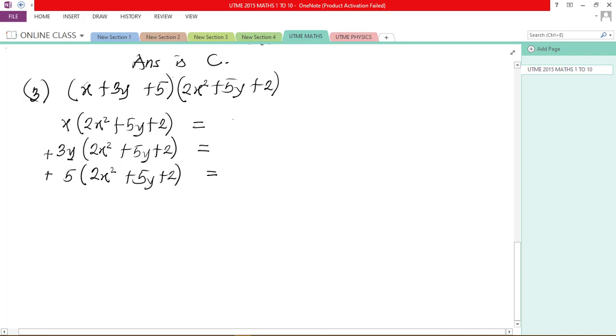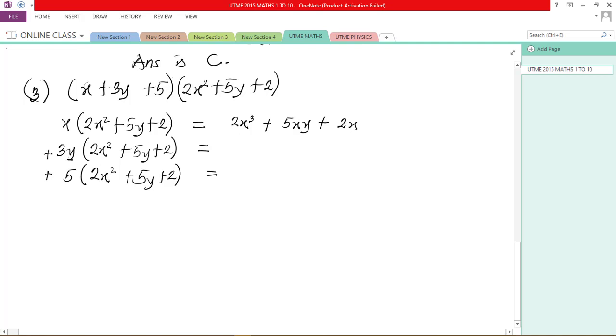This will give you 2x cubed plus 5xy plus 2x.